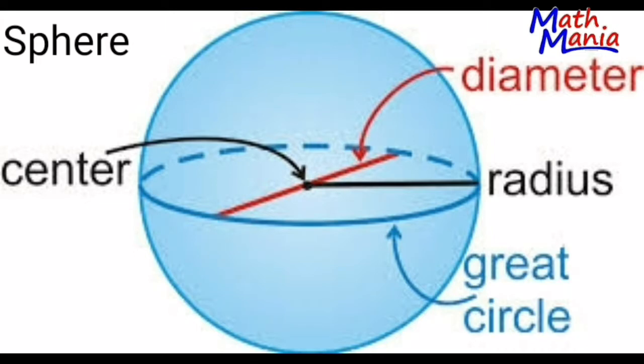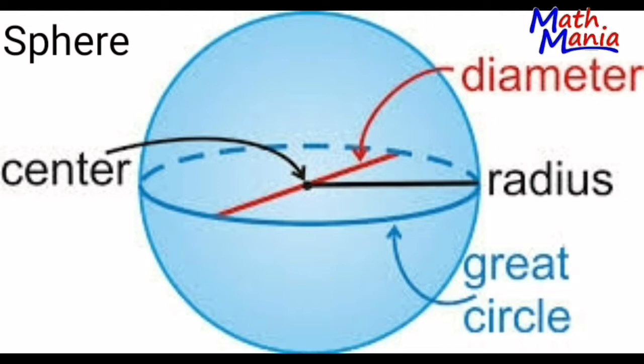You will get this type of sphere having a center; its red line shows its diameter, and the black line shows its radius. Now friends, this is a three-dimensional object, so on paper it is not easy to understand it.